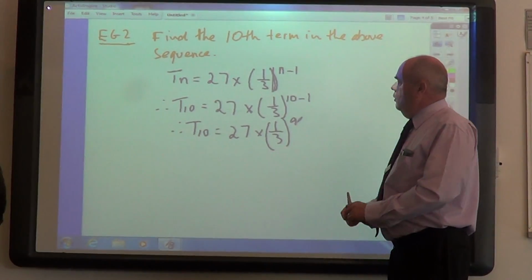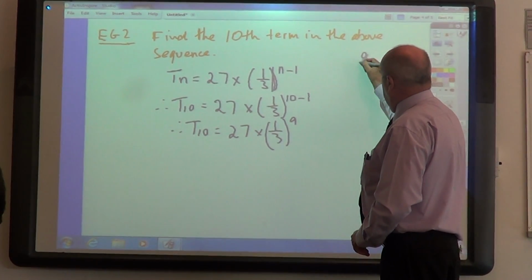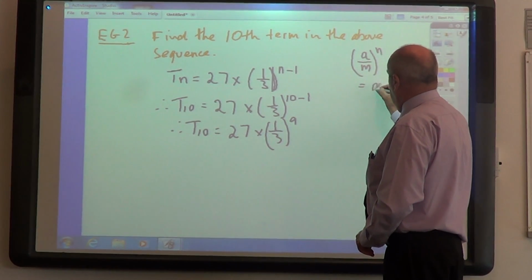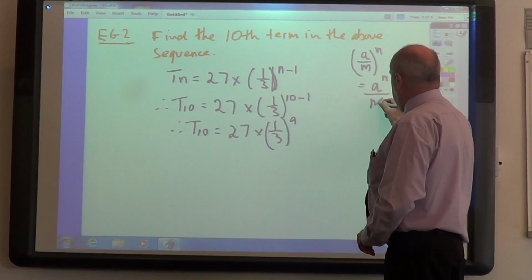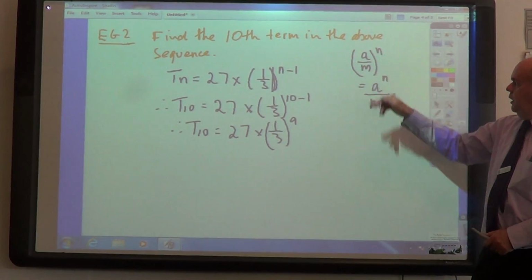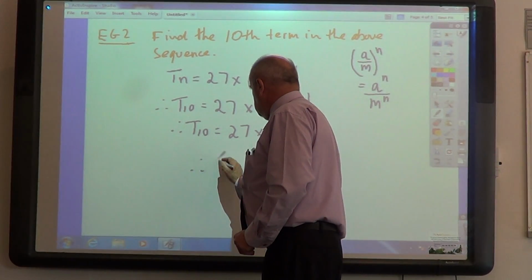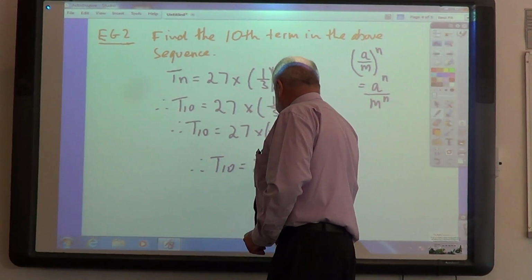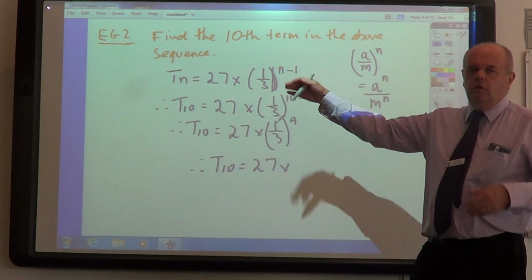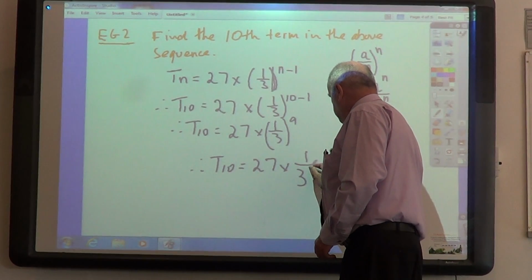If you raise a fraction to a power, you're making use of this index law: a over m raised to the power of n is equal to a to the power of n over m to the power of n. Be careful with fractions, just recognise that index law. So T10 equals 27 times 1 to the power of 9 over 3 to the power of 9. 1 to the power of anything is still going to be 1, so that's nice. And that's 3 to the power of 9.